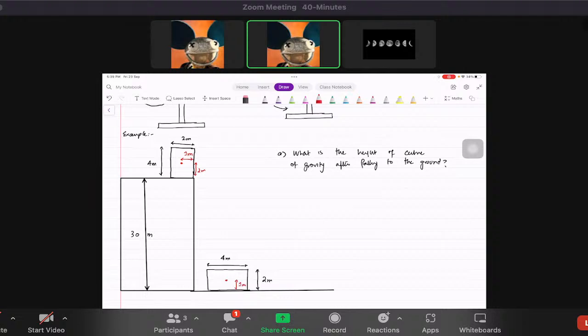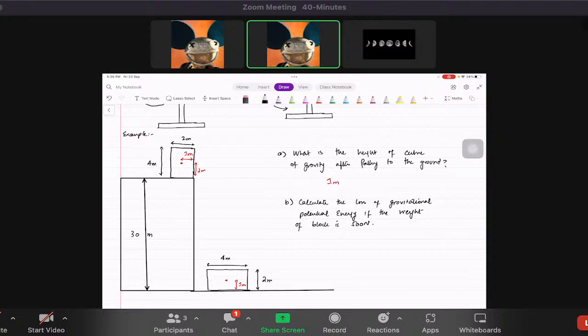Now, in the next part of this question, they say calculate the loss of gravitational potential energy if the weight of the block is 500 newtons.